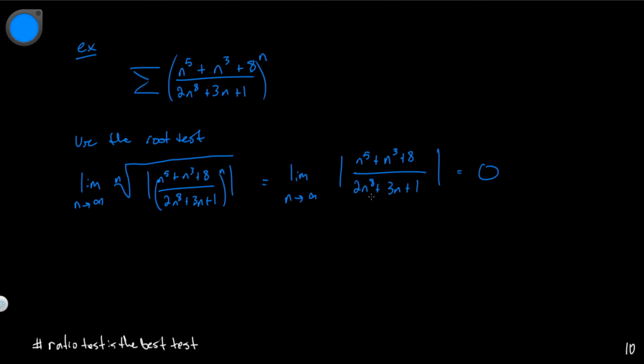Okay, we have an 8 in the denominator, 5 in the numerator. This thing goes to 0. So, by the root test, our series converges because 0 is, of course, less than 1.